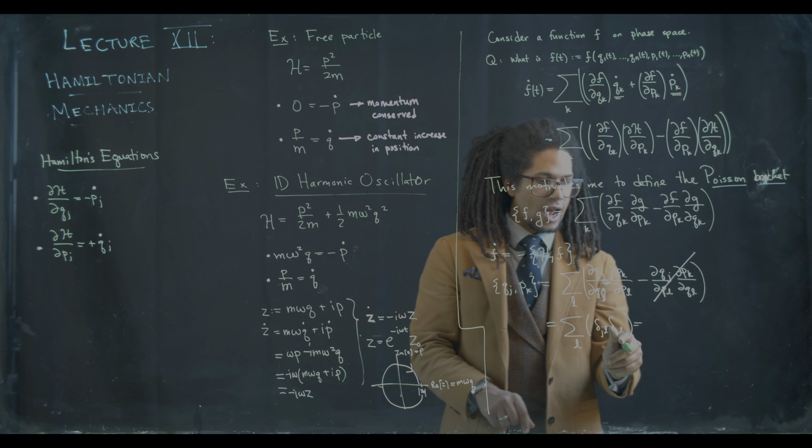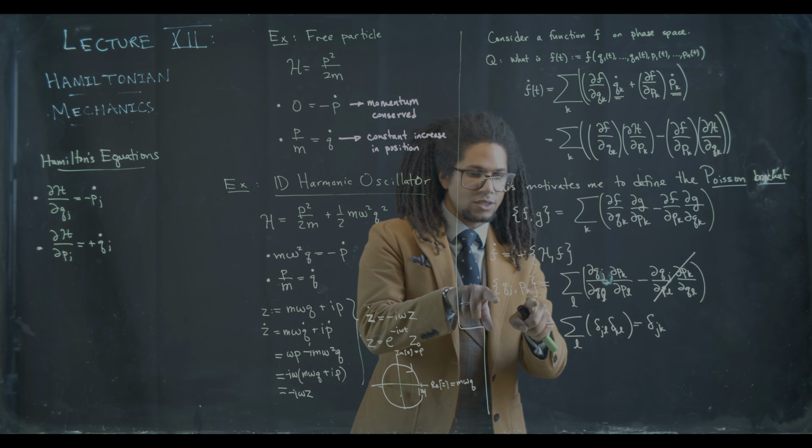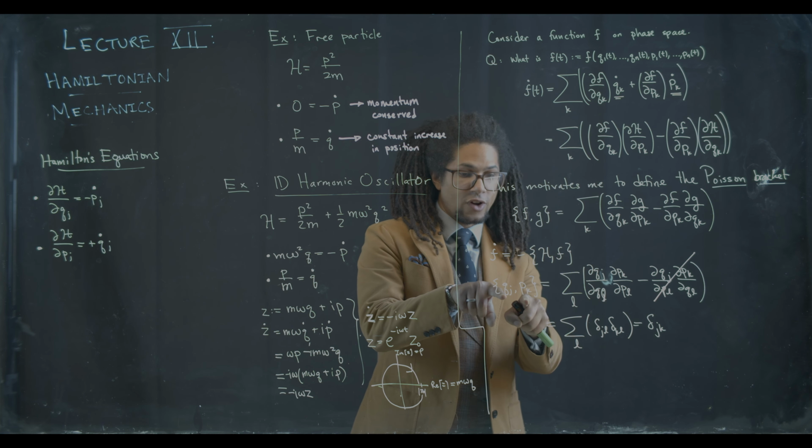The rule there is that I can, for instance, use this Kronecker delta to kill the sum and set that l to a k. So I get the Kronecker delta of j and k. Okay, so I have two functions, I should say, such that their Poisson bracket is this Kronecker delta like this. Any set of 2n functions satisfying this condition is called a set of canonical coordinates.